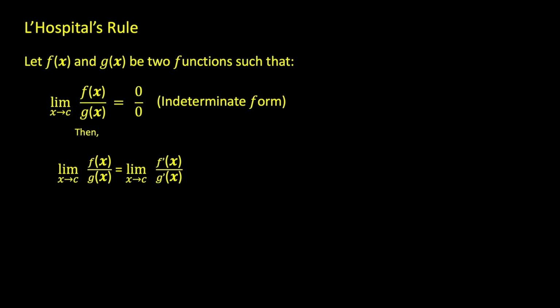L'Hopital's rule says that in one of the cases, if f of x by g of x is going to 0 by 0 at x equals c, then limit x tends to c f of x by g of x can be found out by using the fact that it is equal to limit x tends to c f dash x by g dash x.